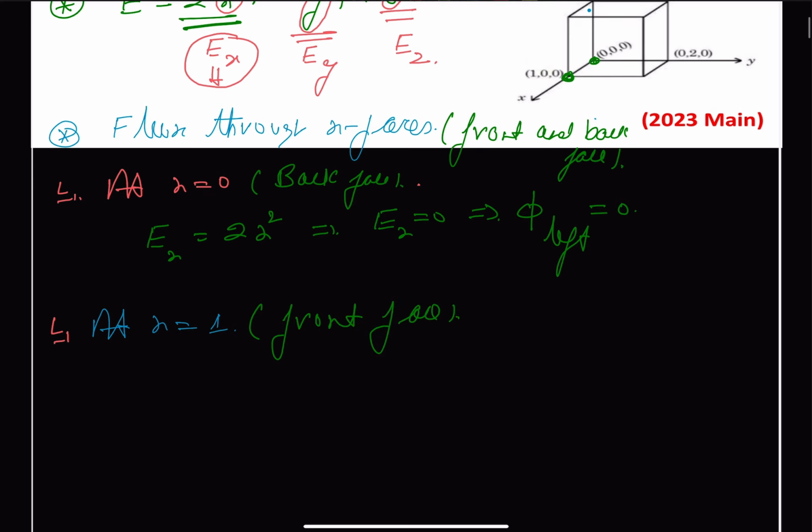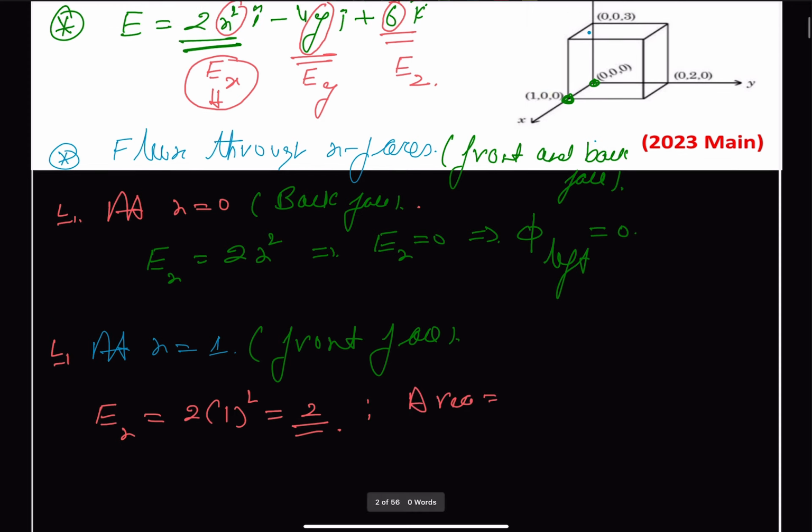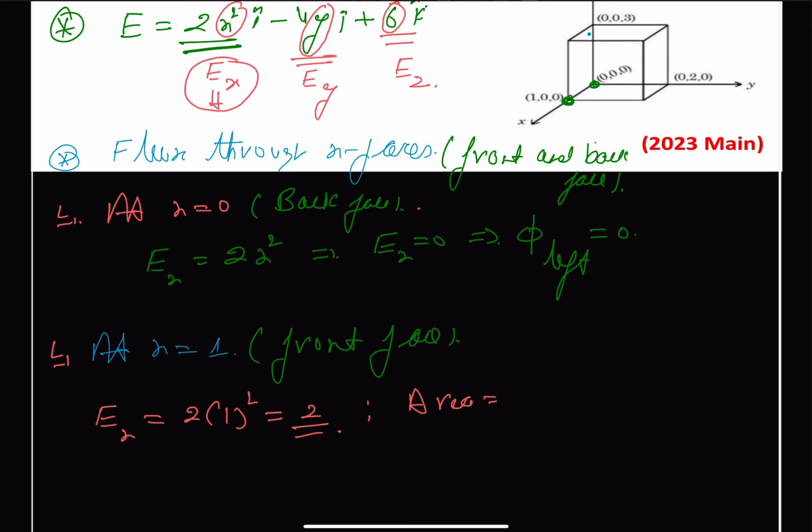Therefore, we can write that our E of x will be equal to 2 times 1 square, which comes as 2, and our area will be 3 multiplied by 2, giving us 6 meter square.